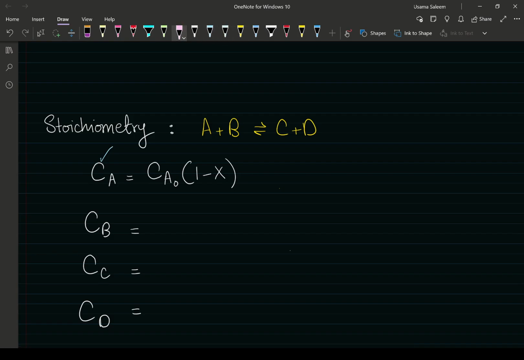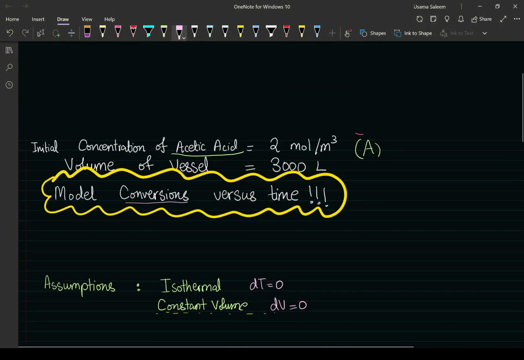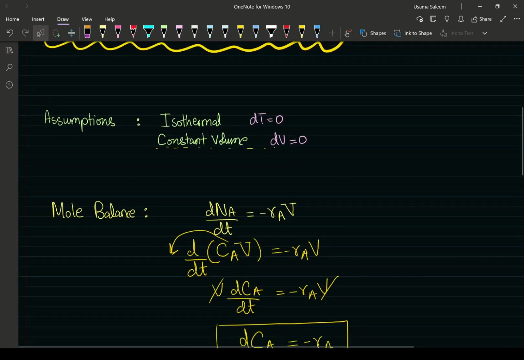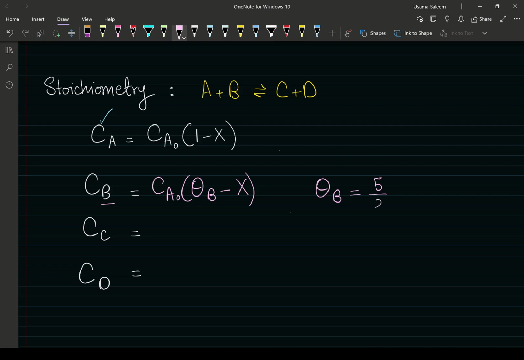Let's switch around colors. We're going to use pink for B: C_A0 times (theta_B minus X). Theta_B is going to be the initial moles of B divided by initial moles of A, so it's 5 over 2, and it's a dimensionless number.